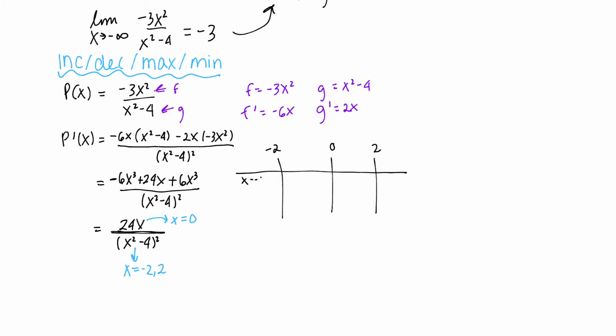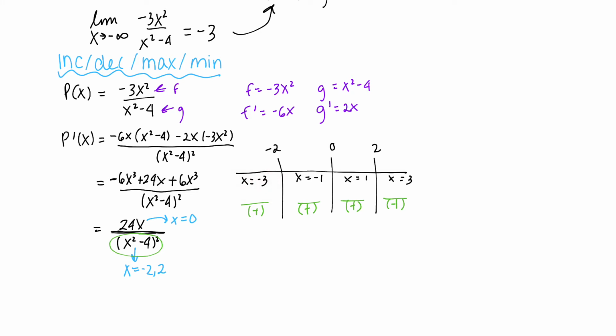Choosing our test points, x equals negative 3, x equals negative 1, x equals 1, x equals 3. This denominator is squared, so it's always going to be positive. I can just write it in right away. So I'm just looking at the numerator, and the numerator is just taking our x value and multiplying by 24.